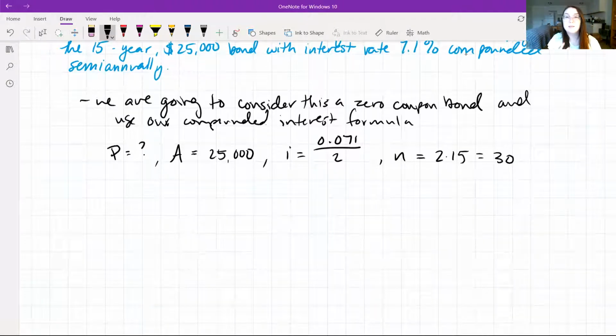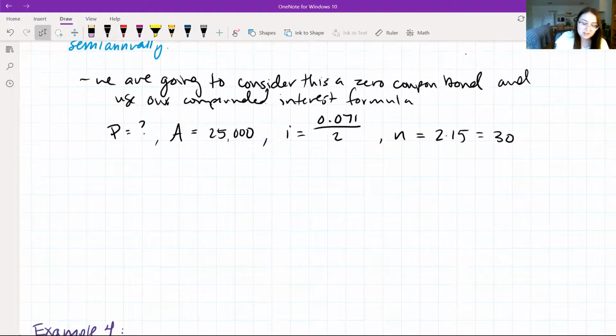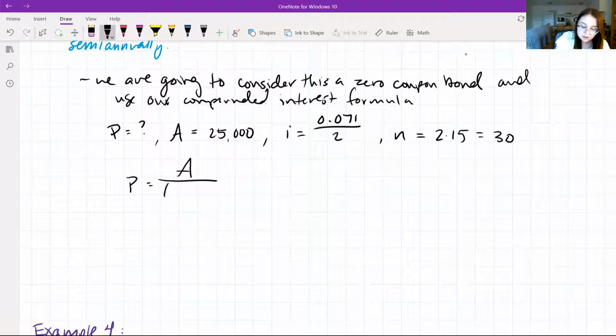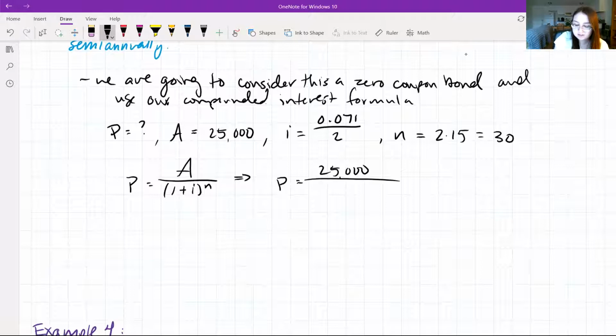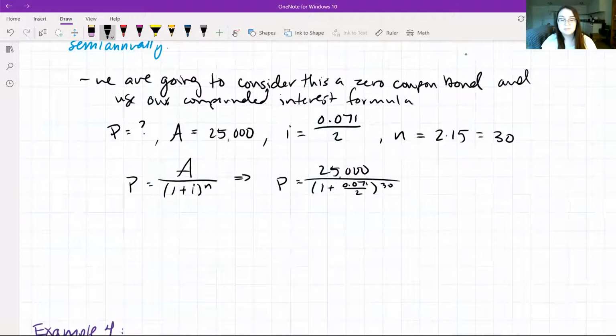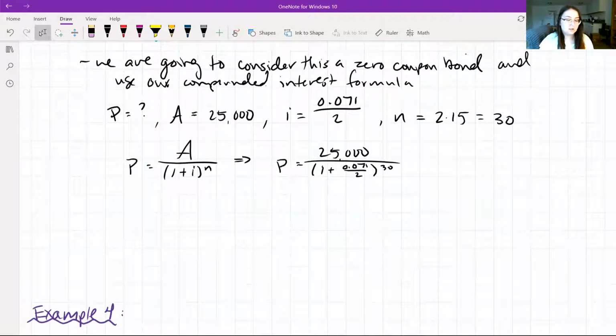So now we can make this calculation. We know our present value is going to be equal to A divided by (1 + i) to the power of n. So when you write this, we're going to say 25,000 divided by (1 + 0.071 divided by 2) to the power of 30.